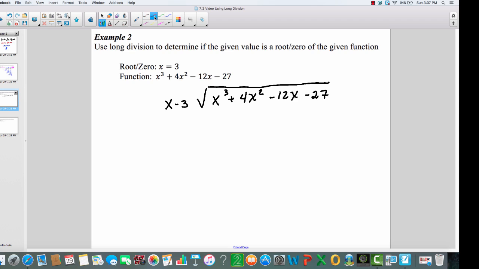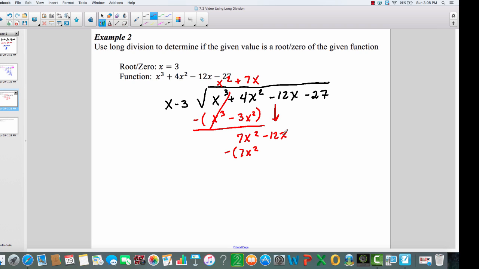Okay, so how do you go from x to x cubed? I would say multiply by x squared. That would give us x cubed, as expected, minus 3x squared. Okay, double negative, so we're talking about 7x squared. How do you go from x to 7x squared? You would multiply by positive 7x. Sorry, I forgot to bring down this term.